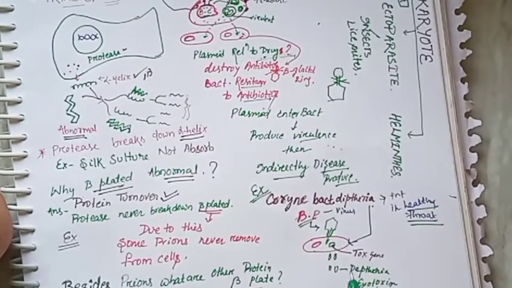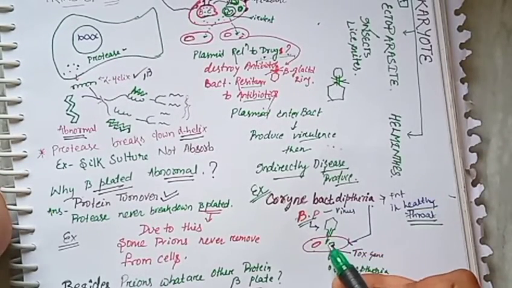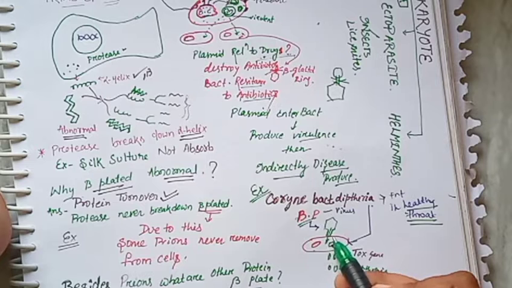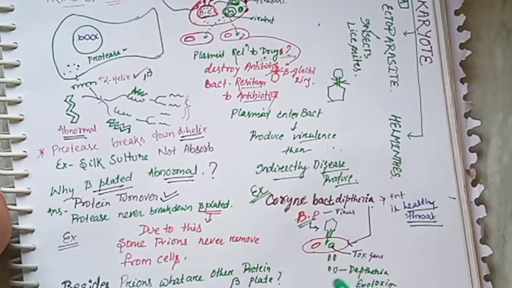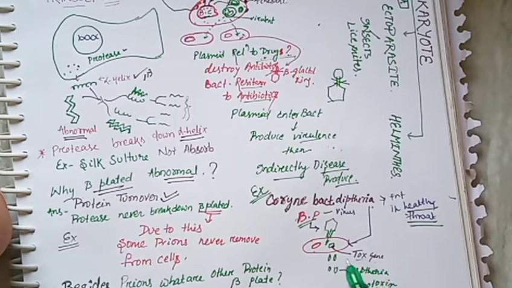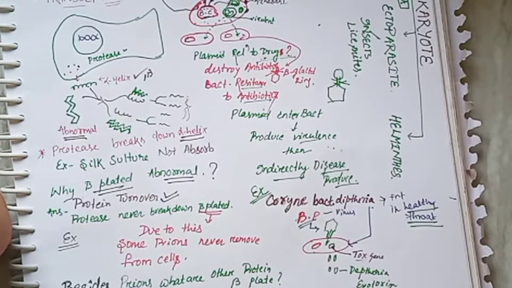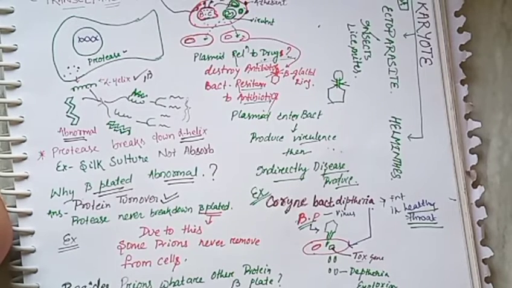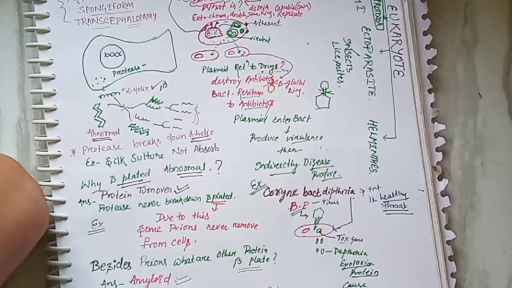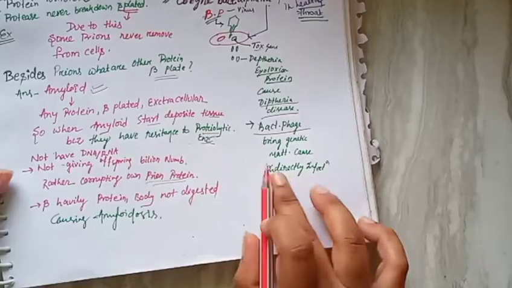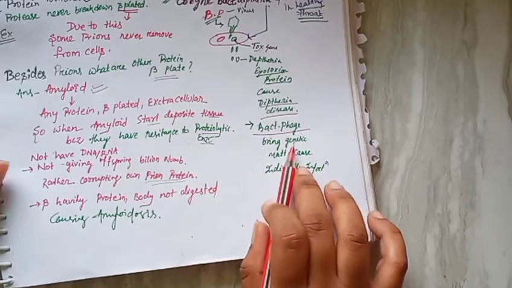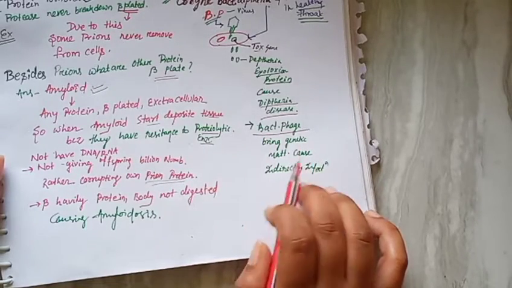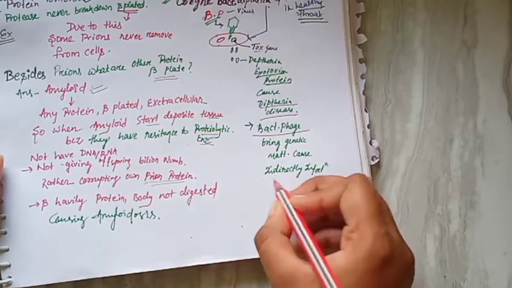The bacteria release their toxin by bursting the bacterial cell, and the toxin genes are produced and come out from the cell, and extracellularly it causes exotoxin protein production, and this exotoxin causes diphtheria disease. So it is the substance which brings the genetic material of the infectious agent into the body and causes indirect infection.